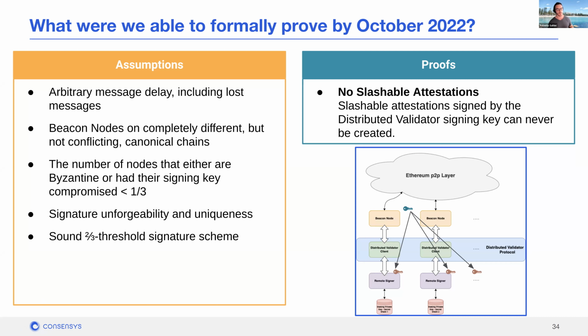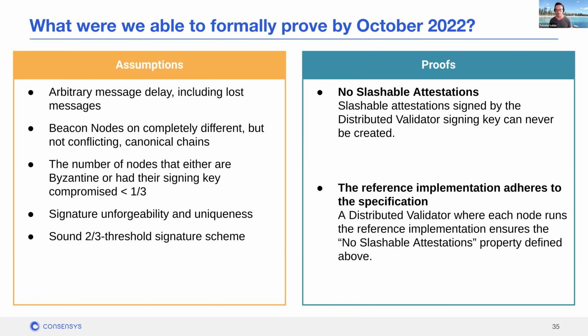One we haven't mentioned so far is that this property holds even if the beacon nodes connected to the distributed validator client are on different forks of the Ethereum chain. I'll explain a bit more later what this means. We are also able to prove that the reference implementation is a correct implementation of the specification.